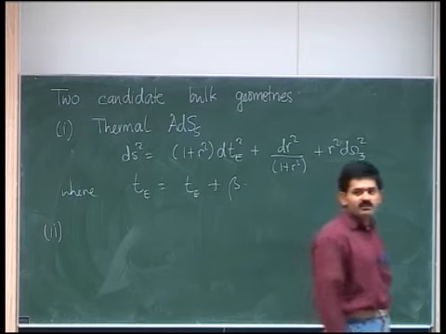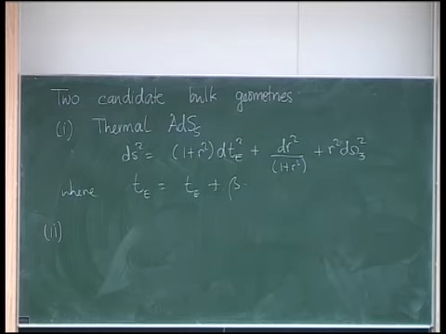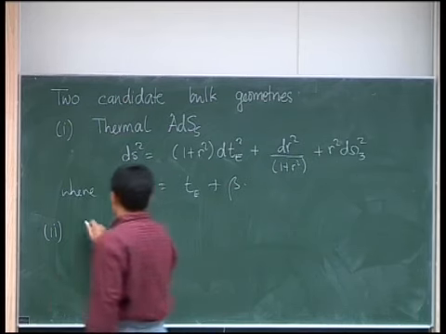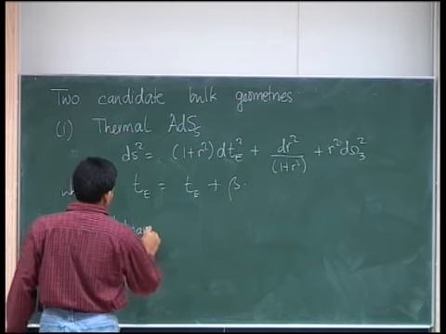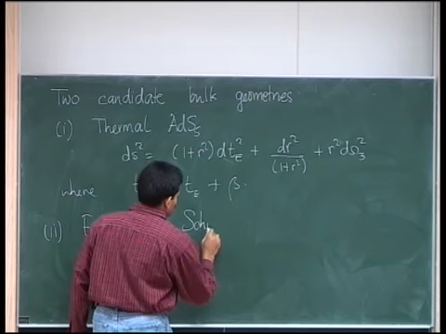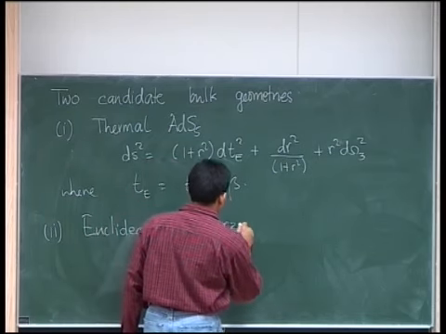The second geometry is much more interesting and is the starting point of what we are going to do later. It is the Euclidean Schwarzschild black hole.